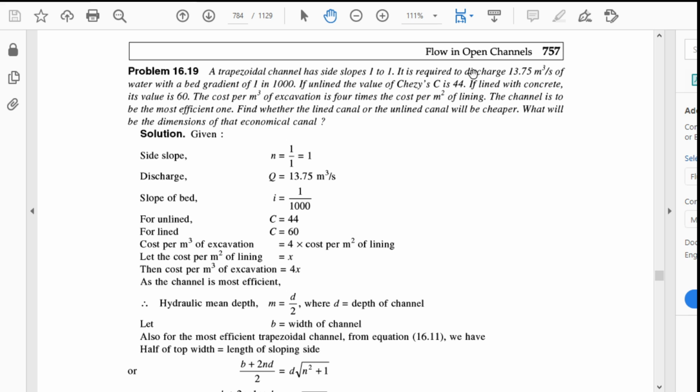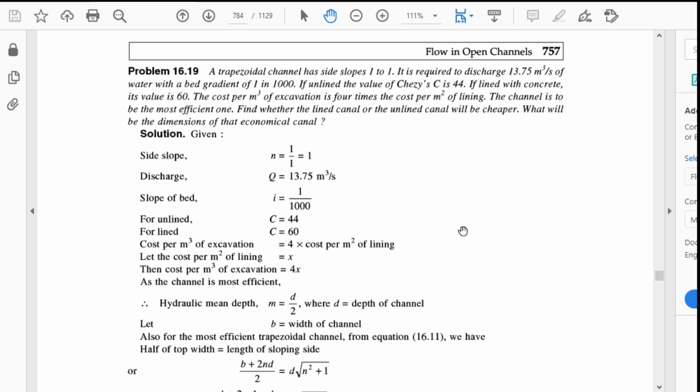It is required to discharge 13.75 meter cube per second of water with a bed gradient of 1 in 1000. If unlined, the value of Chezy's C equals 44, and if lined with concrete, its value is 60.